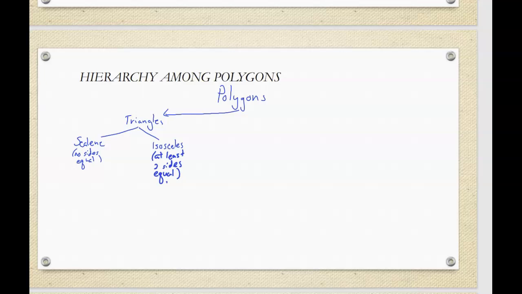Now, underneath isosceles triangles are what we consider the equilateral triangles. And there, all sides are equal.